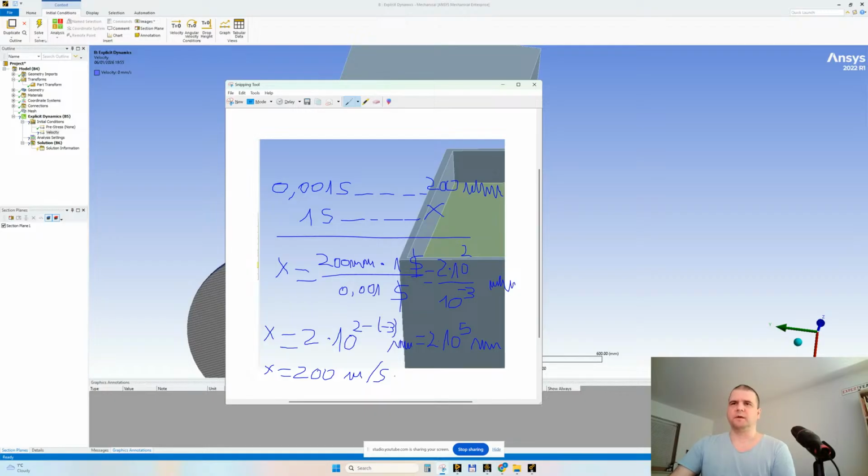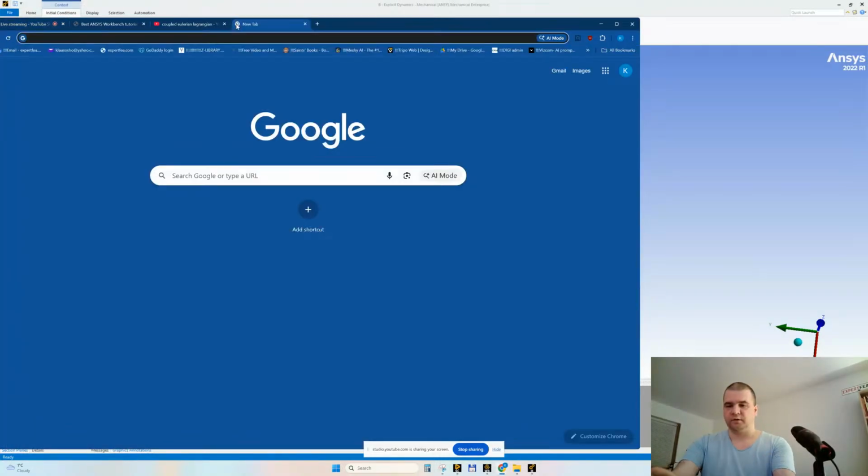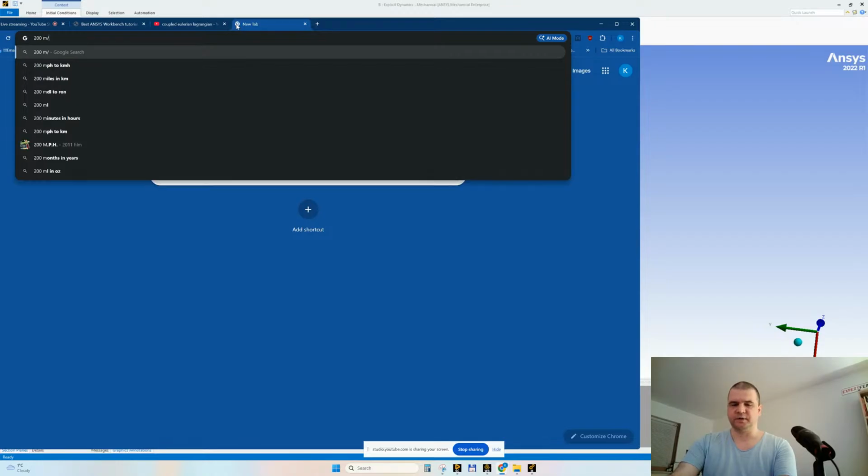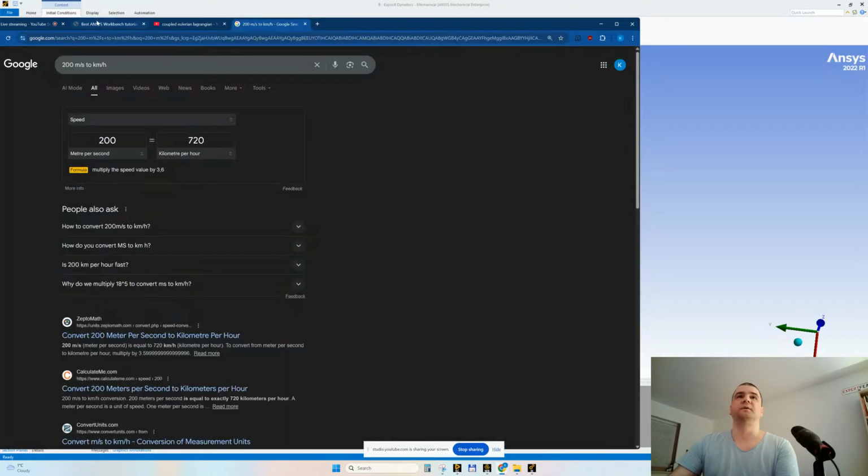And if you multiply this with pi, you have around 6 to 8 kilometers per hour, if I'm not mistaken. Let's see. 200 meters per second, 2 kilometers per hour.